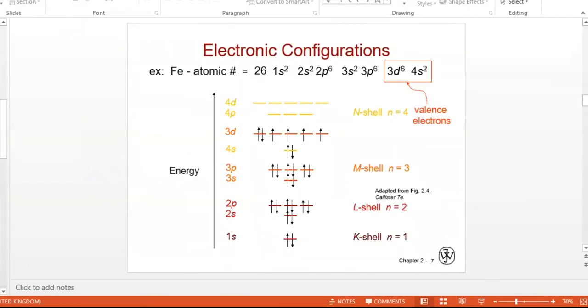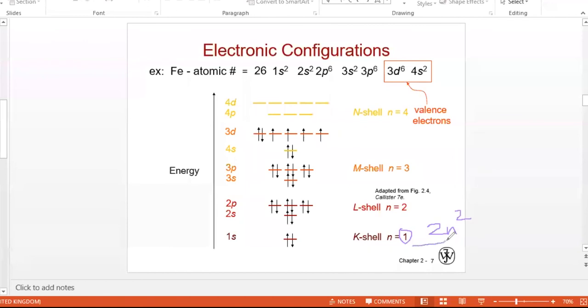There's a formula, you don't need to memorize it: s has 2, p has 6, something like that. Based on this number, you can determine how many maximum electrons can be there. The formula is 2n squared, right?